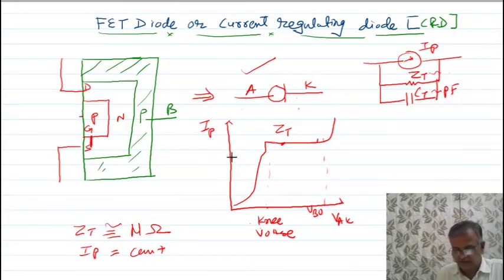See the characteristics of a FET diode and the characteristics of a Zener diode. In a Zener diode, voltage is constant over a wide range of current, and here current is constant over a wide range of voltage. Both are reverse. So let us use the combination of Zener and CRD to get a constant voltage.